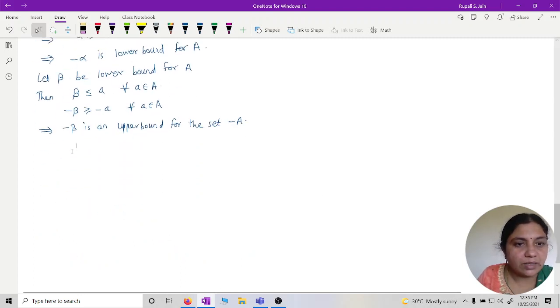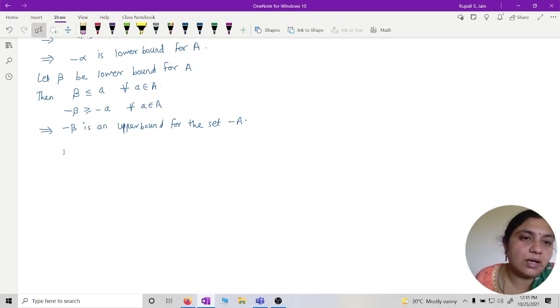So minus beta is an upper bound for the set minus A. But what about alpha?